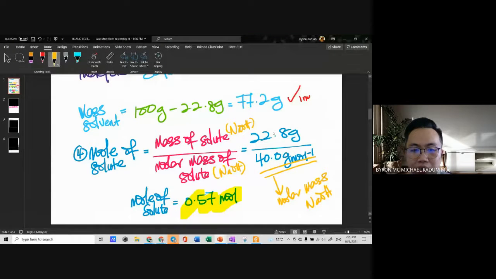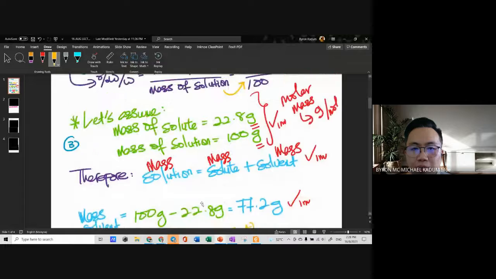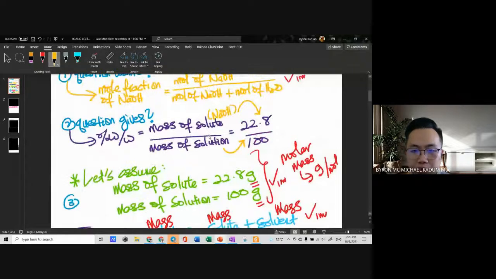You work this out, you get the mole of solute. Look, you have done. How do you get this mole of solute? It's all started from your logical assumptions, okay? Definition is super important. The definition, that is the weapon that you're going to use to solve this problem, okay?